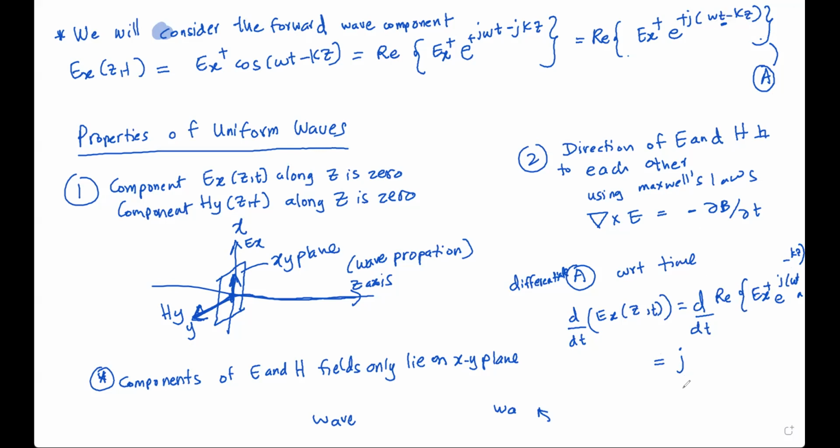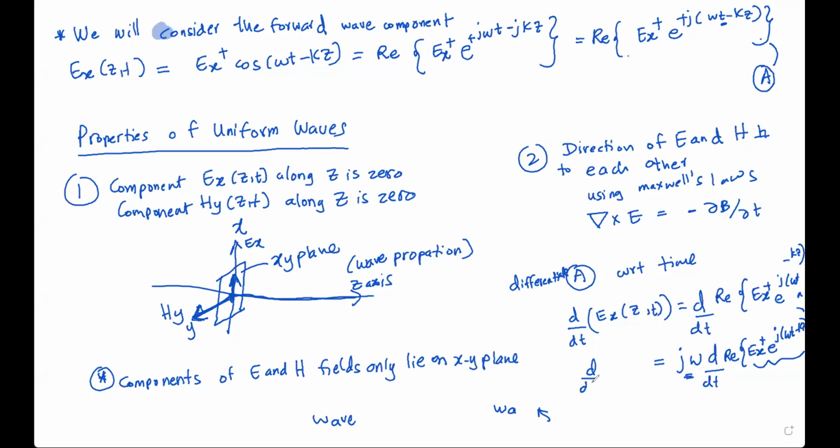Therefore, only j omega will come out of this expression, and I will be left with the rest of the expression which was earlier there. So there's no other change to the initial expression where we have e to the power j omega t minus kz. The same expression that we had initially is left, only the difference is the j omega term came out.